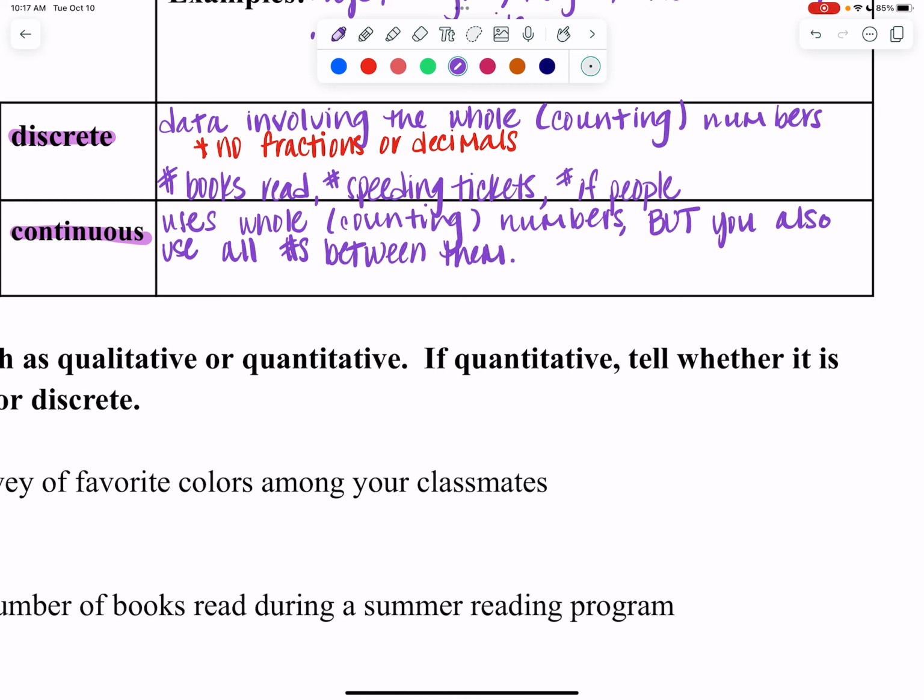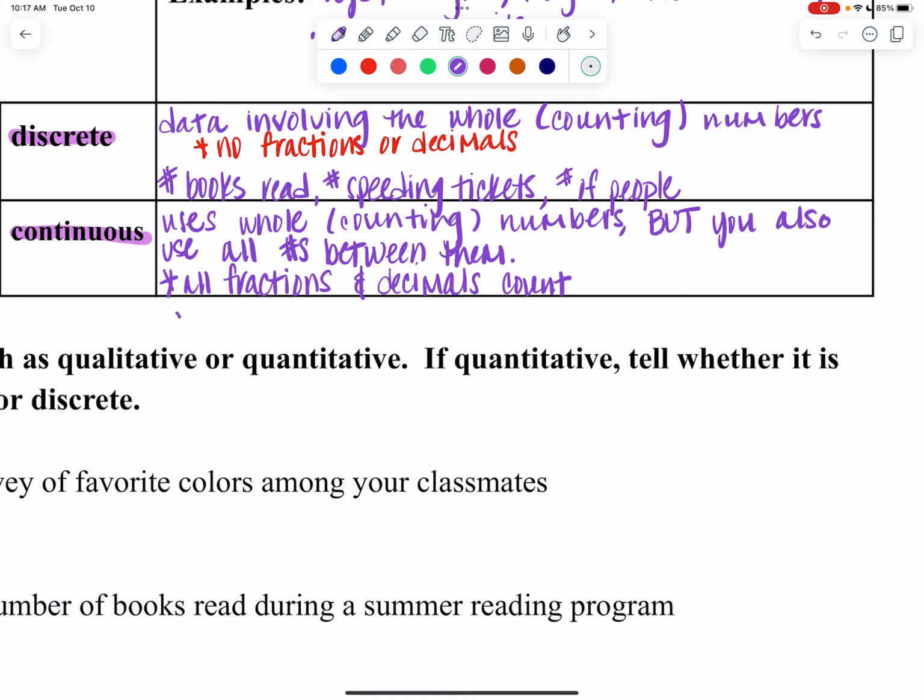So continuous data uses whole or the counting numbers, but you also get to use all of the numbers between them. So this includes all of the fractions and the decimals. These are things that involve partial measurements.